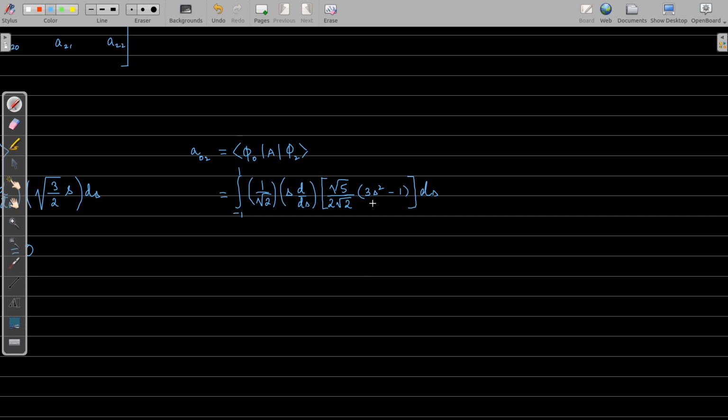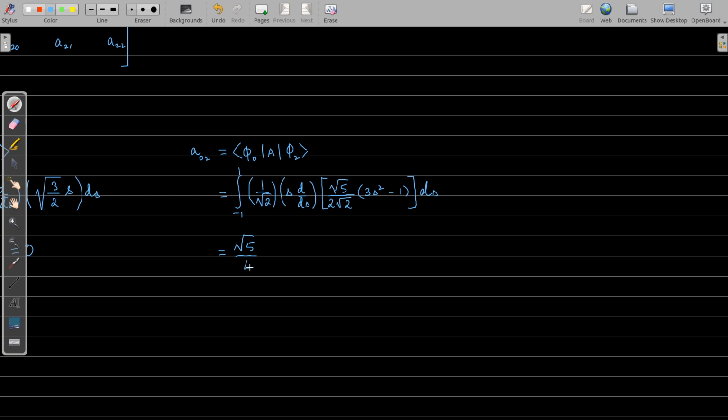Okay, so when you differentiate this, d by ds, it will differentiate only the first term, because the second term is anyway constant, so that differentiation is going to give us 0. I'll just write this down straight away. So we'll get root over 5 divided by 2 multiplied by root 2 into root 2, which will give us another 2.